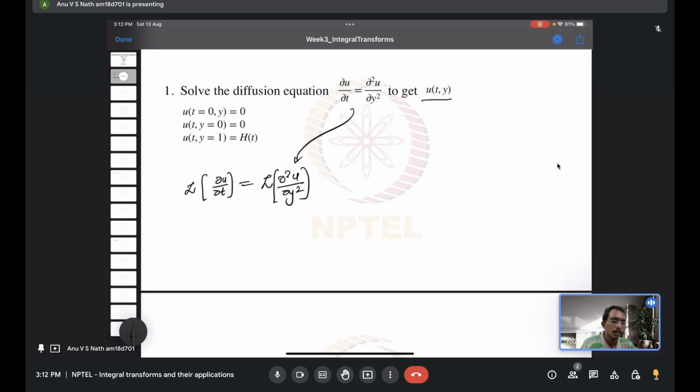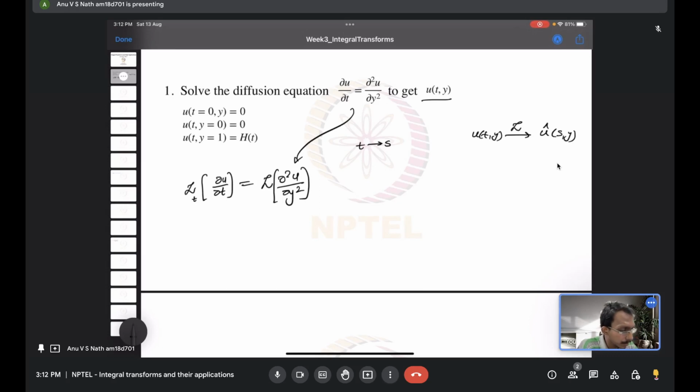Okay, so now the thing is that in the Laplace transform we are taking the variable time, so the variable time goes to the frequency domain, which is complex frequencies. Okay, so let's say u is a function of time and y. Its Laplace transform we will say is u cap, which is a function of s and y.